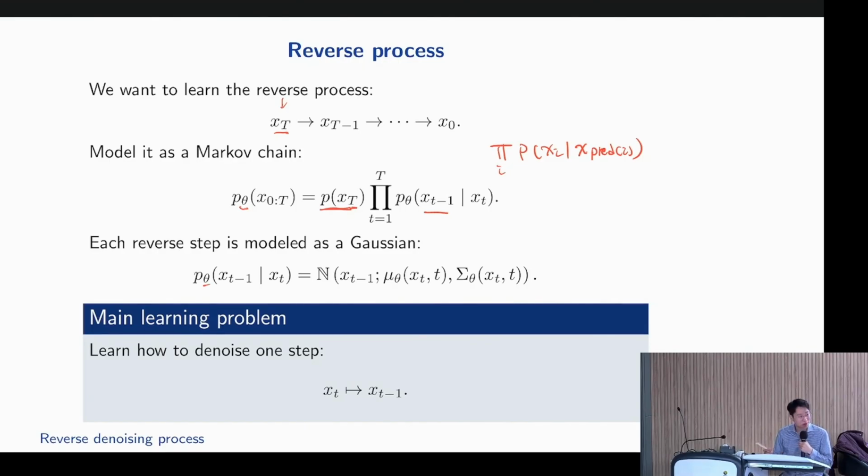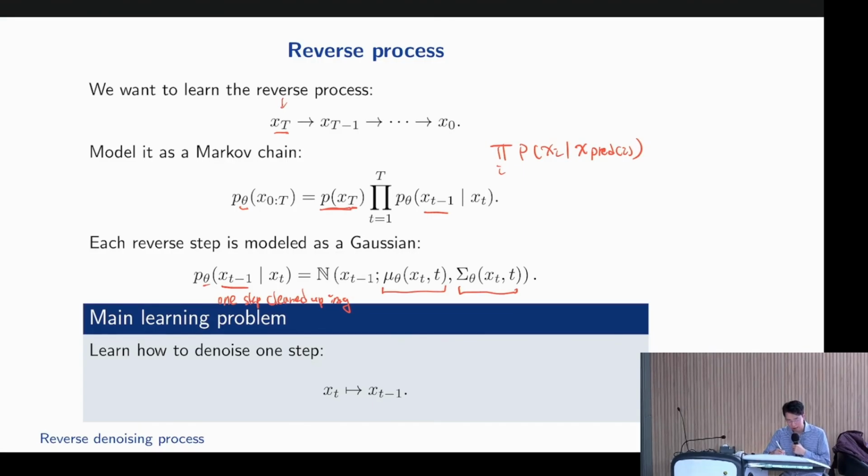And each reverse step, we're going to model as a Gaussian distribution. So reverse step means one step cleaned up image. Given xt, the distribution of the one step cleaned image is Gaussian distributed, because we're going to model it that way, with mean parameter and covariance parameter outputted from the model.